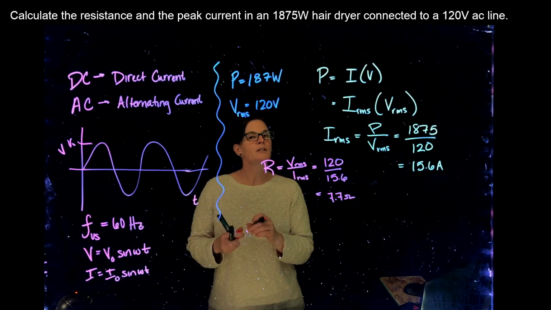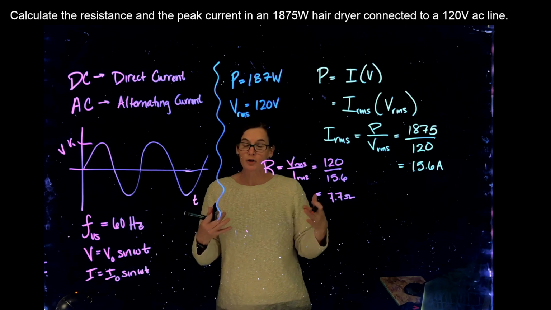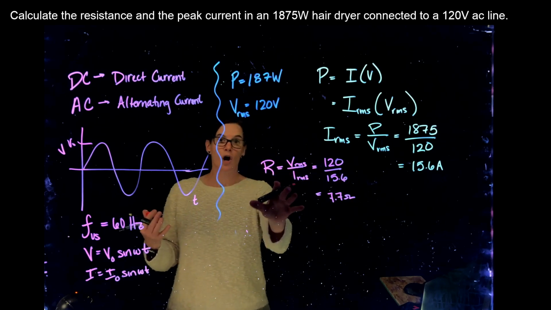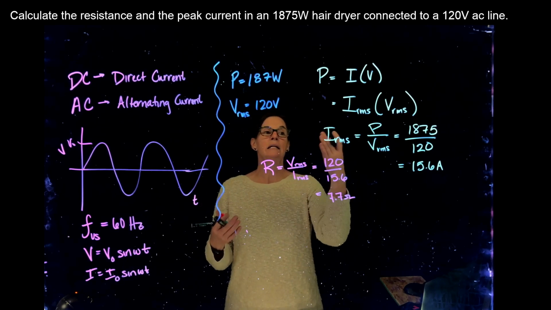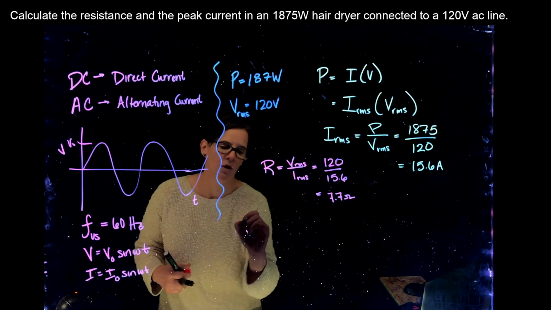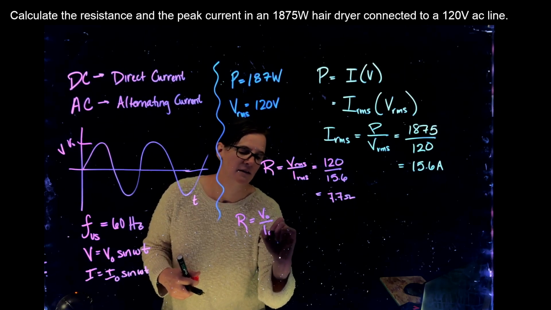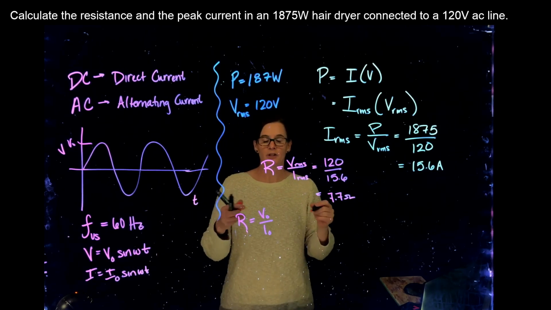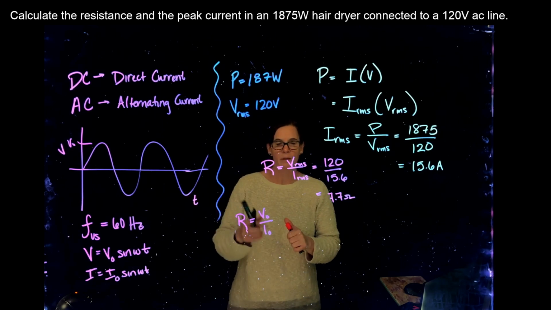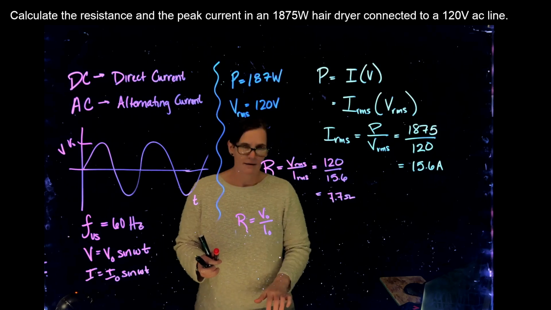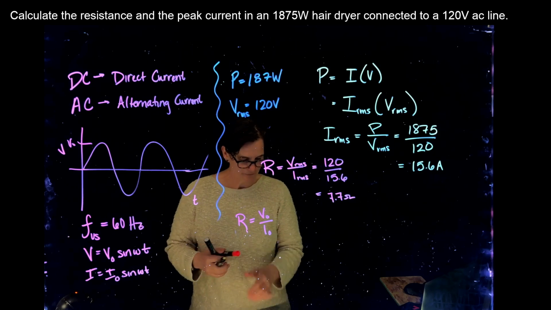We also can use the peak values. Let's just do a full example and see how this compares to if I actually got I naught. So we also know that R is equal to V naught over I naught. Okay, that's from our original discussion of Ohm's law and how it applied in the case of alternating current.